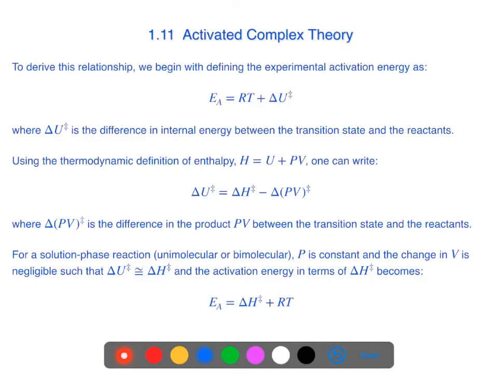So again, for solution phase reactions, whether they're unimolecular or bimolecular, the change in volume is going to be very, very insignificant. As a result, in this expression, this term will go to zero, which basically equates these two terms to one another. As a result, we can substitute this expression into this earlier expression to give us our final activation energy in terms of enthalpy and this other term, RT.